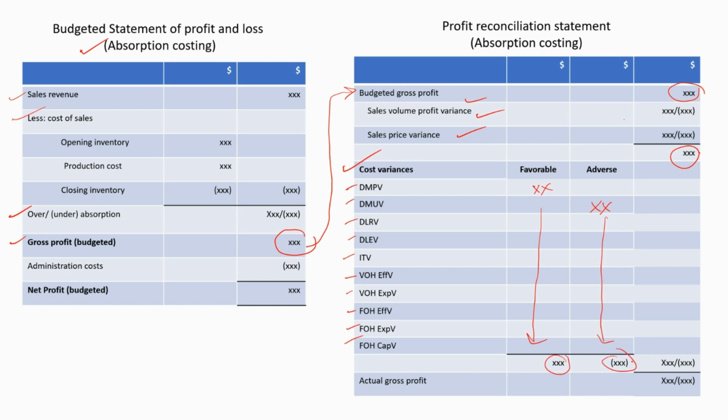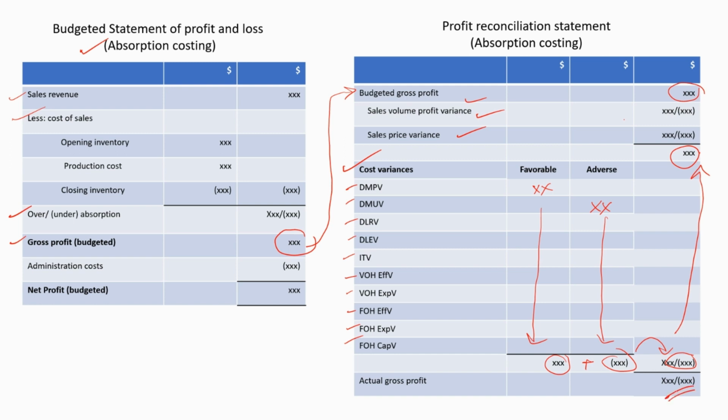Then we add these two values in order to arrive at this value. If the total variance value is favorable or positive, we add this value to the adjusted budgeted gross profit amount. If this amount is a negative value, we deduct this value from the adjusted budgeted gross profit amount. So we can finally arrive at the actual gross profit amount.